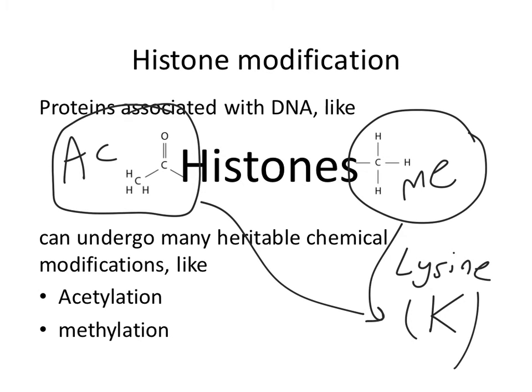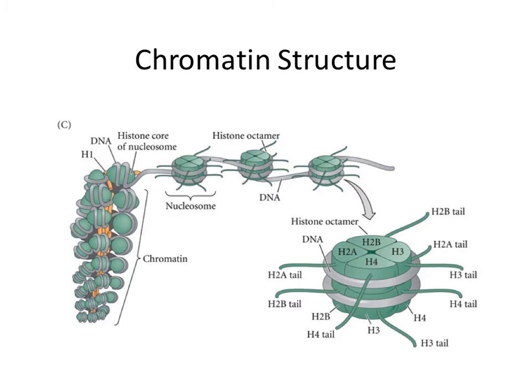So lysine happens to be the favorite amino acid of the enzymes that stick these chemical groups on. I guess I should have put this slide earlier. There you go. Eight histones, two tails per histone. So there are a lot of targets for these enzymes to come add chemical modifications.